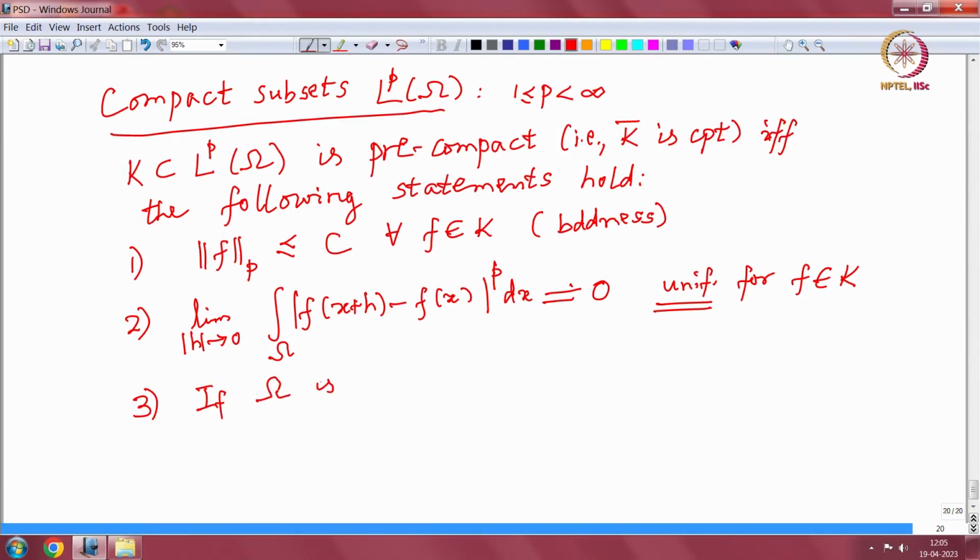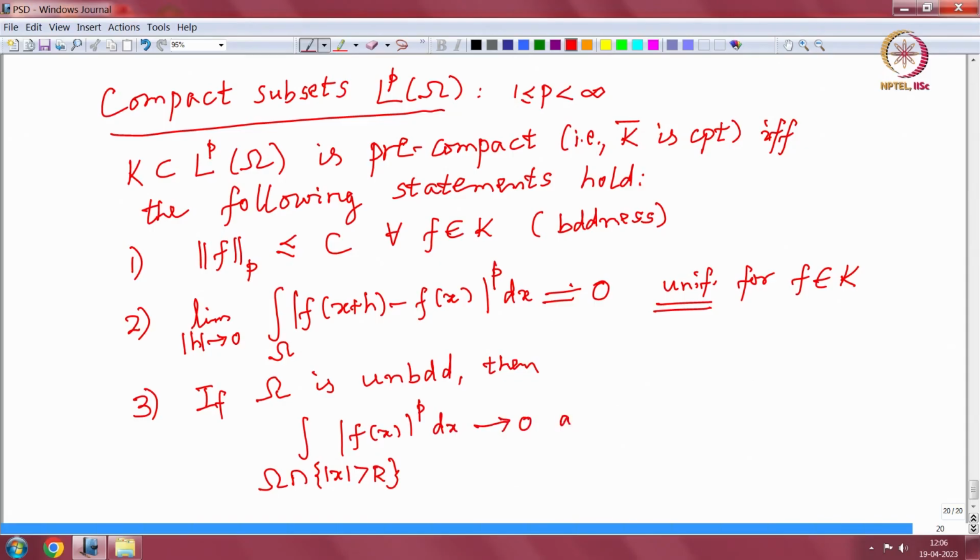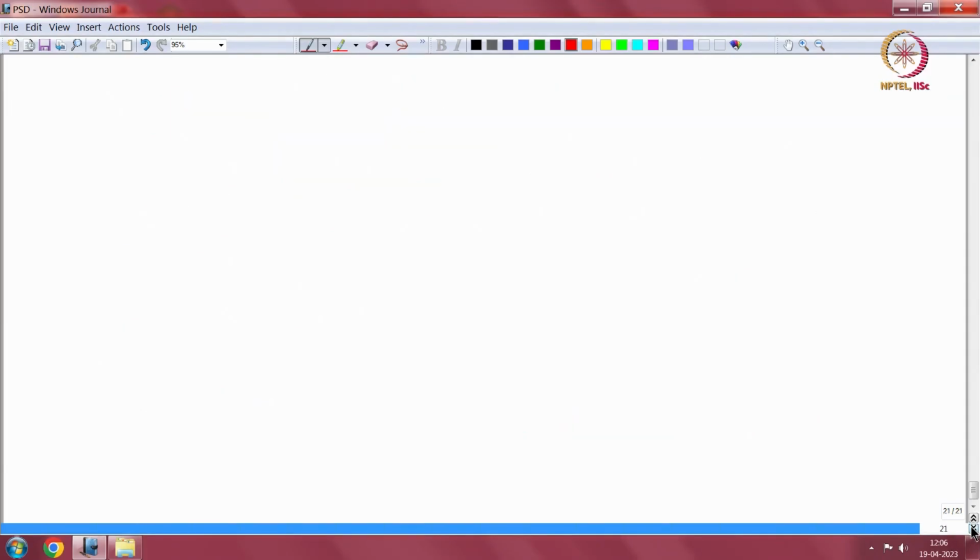If omega is unbounded, then the integral over omega intersection with |x| bigger than r of |f(x)|^p tends to 0 as r tends to infinity, again uniformly for f in K. Okay, so let me just say what that is.